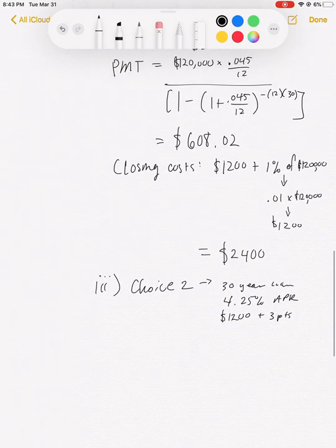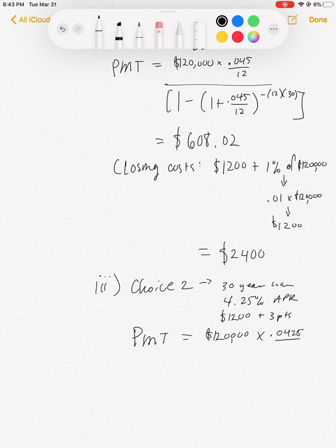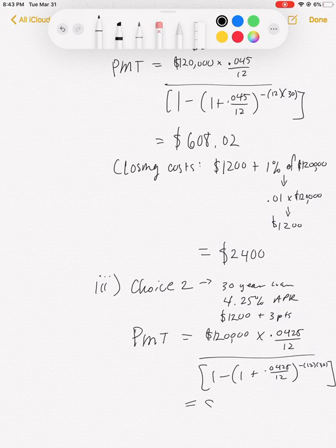Now, when we do our payment, we get $120,000 times 0.0425 divided by 12, all over 1 subtract 1 plus 0.0425 over 12 to the minus 12 times 30 power. Okay, and when we do that, we get a loan payment of $590.33. You can verify that with the calculator.